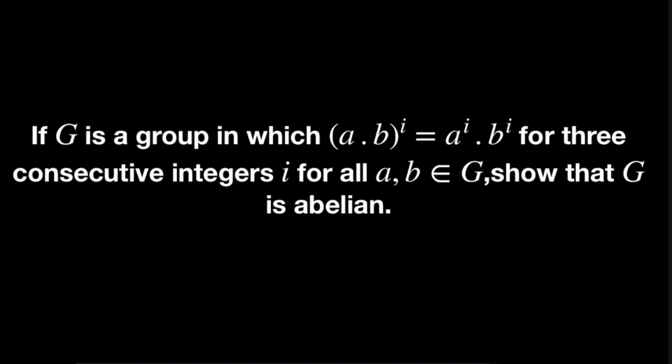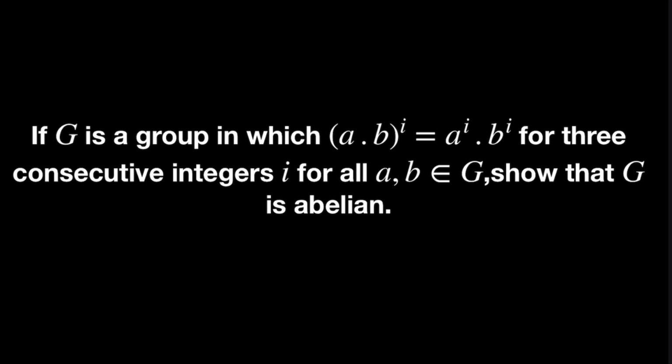The problem is: given that G is a group having the property that for any two elements A, B in G, (A·B)^i = A^i · B^i.